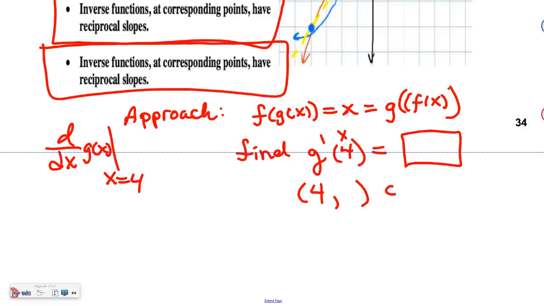So I want you to write 4 comma I don't know is on g. That's what you know. They handed you an x value on g. You don't know what the y value is. So that's your first thing. Get the x on the function in question. What that will allow you to do is know the y value on which function?